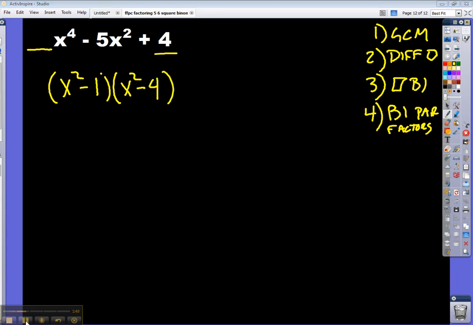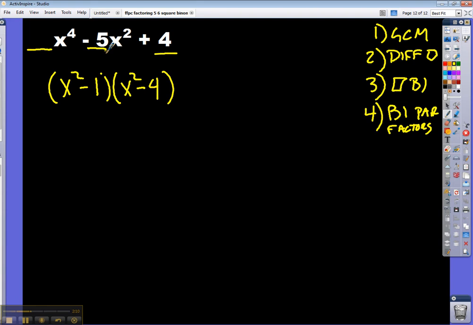So we have x squared minus 1 times x squared minus 4. And we know that negative 1 plus negative 4 is negative 5, so that checks out really nicely, right?